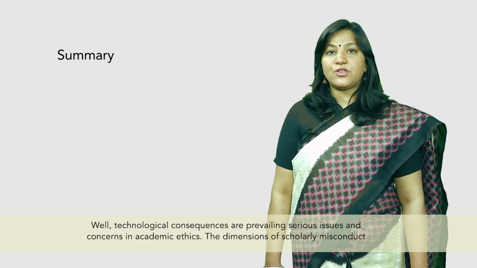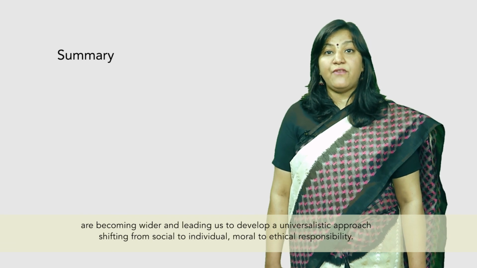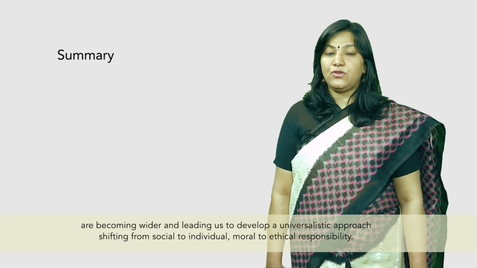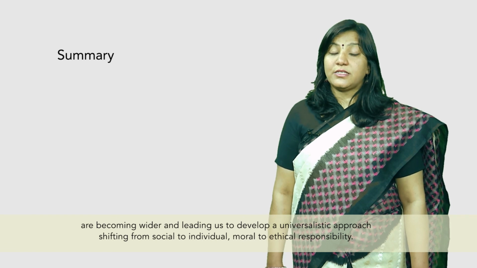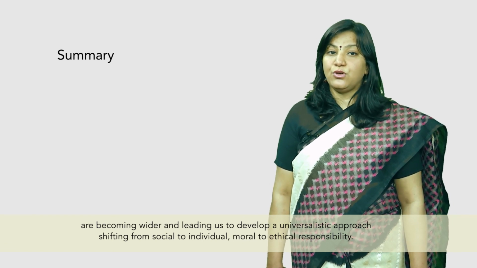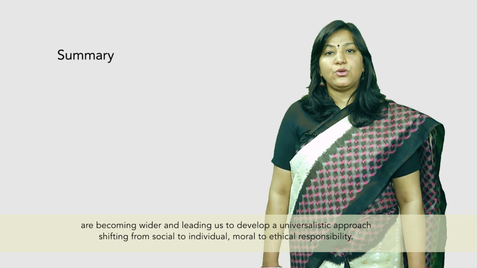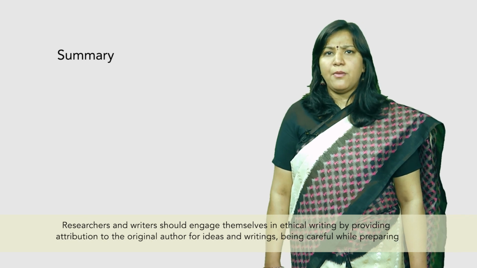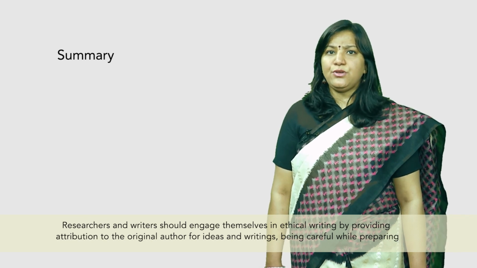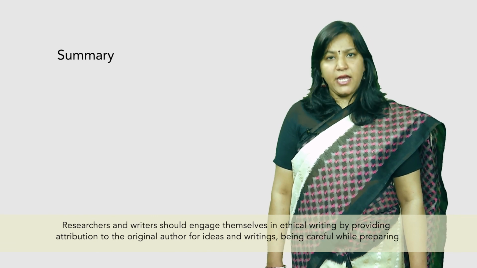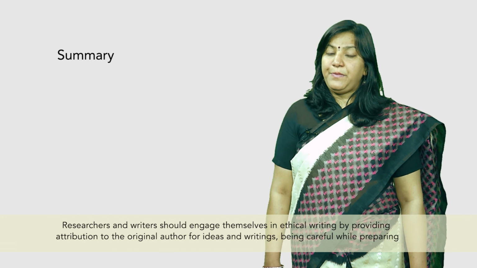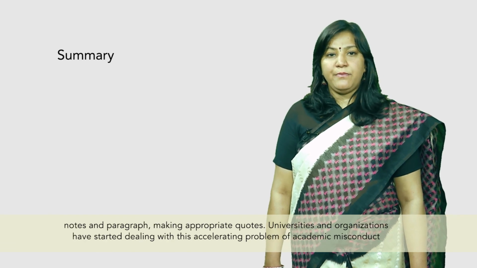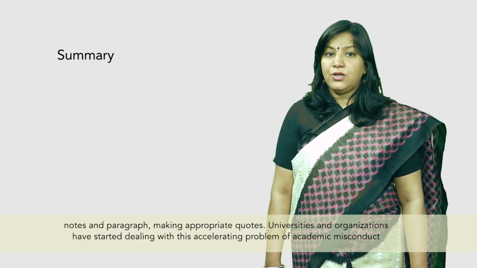The dimensions of scholarly misconduct are becoming wider and leading us to develop a universalistic approach, shifting from social to individual, moral to ethical responsibility. Researchers and writers should engage themselves in ethical writing by providing attribution to the original author or idea of writings, being careful while preparing notes and paragraphs, and making appropriate quotes.